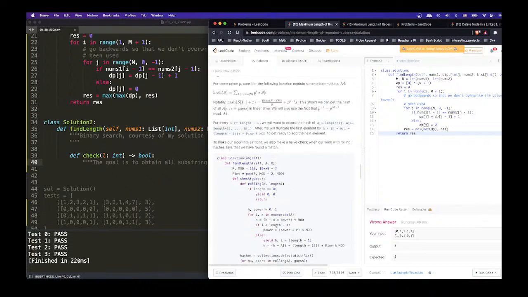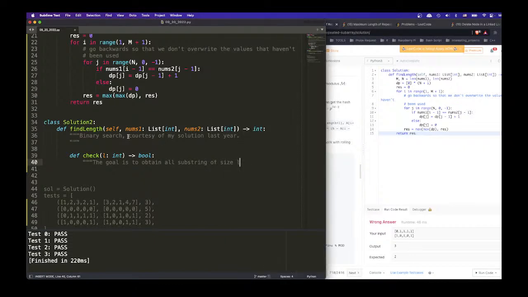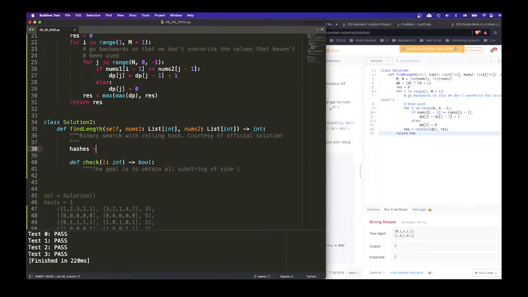So every time we do this with a rolling hash, courtesy of the official solution, hashes. I want index, yeah, this is the length.